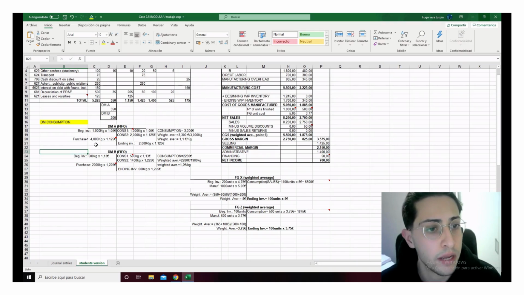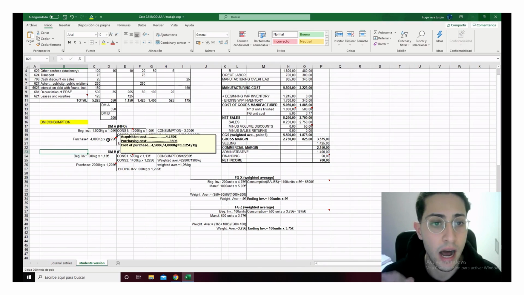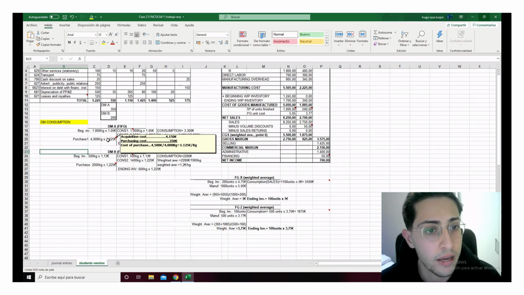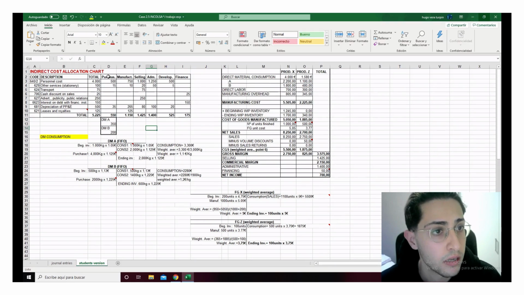Okay, now I will explain how you get this price. This price comes from the acquisition cost, adding all the costs that you had, and also you are adding the purchasing cost, 350 euros, that came from here. You have to do the indirect cost allocation chart.